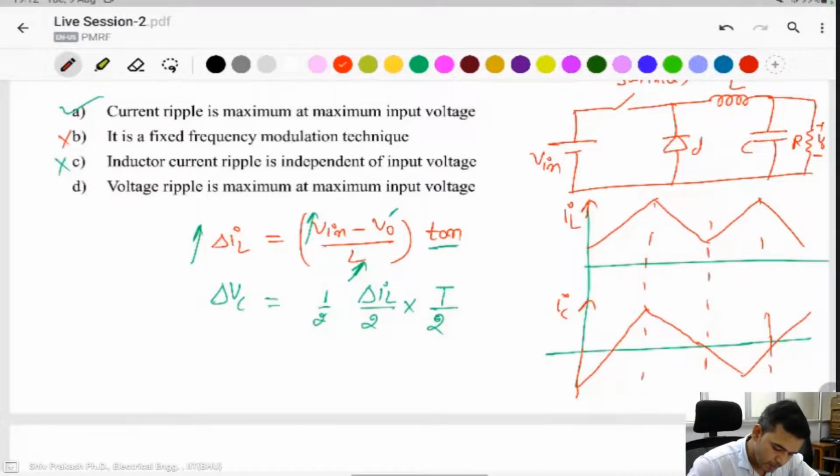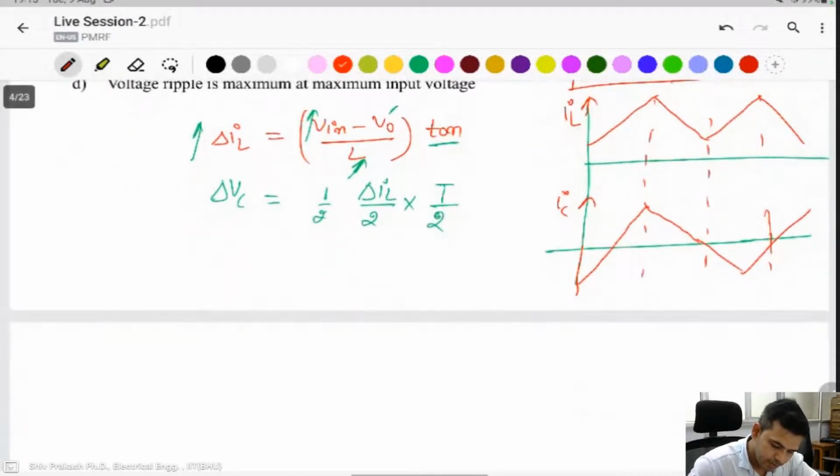Then you obtain the charge. This one charges the capacitor, this one discharges the capacitor.